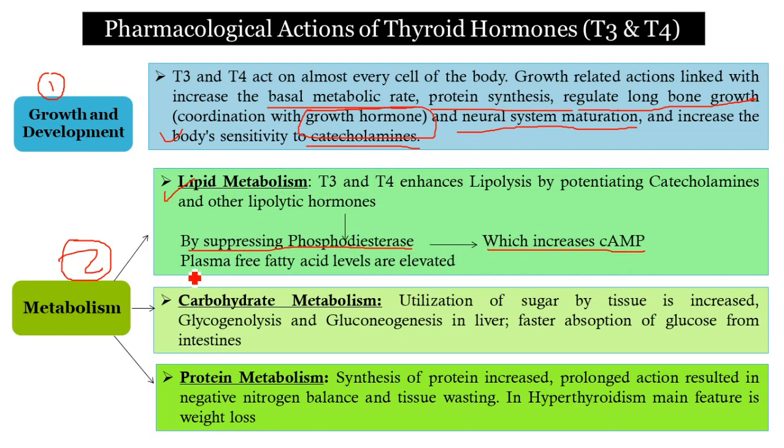As a result, plasma free fatty acid levels are elevated, which is helpful in lipid metabolism. In carbohydrate metabolism, the utilization of sugar by the tissue is also increased, along with glycogenolysis and gluconeogenesis in the liver, and faster absorption of glucose from the intestine, which are the major carbohydrate related metabolic functions.